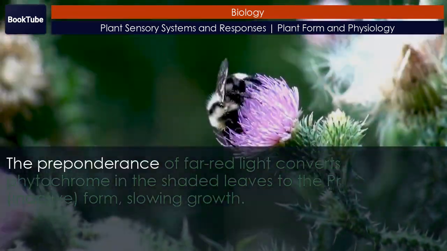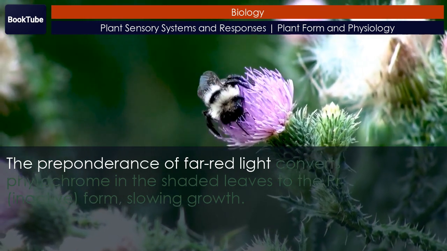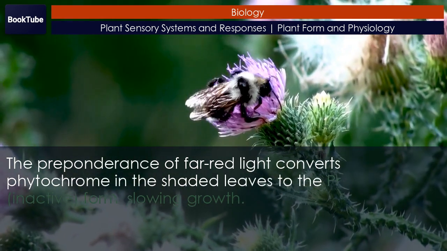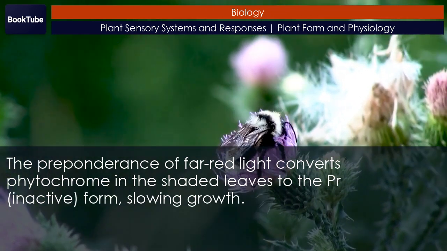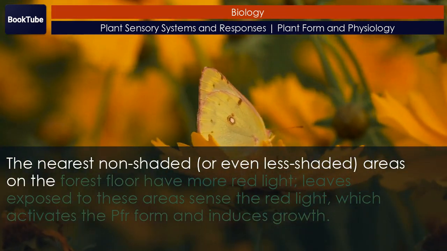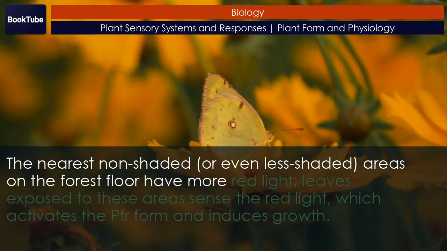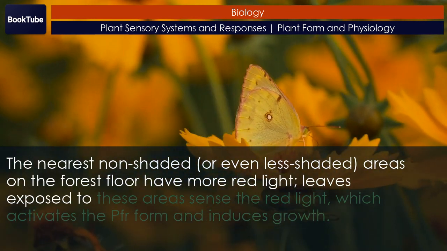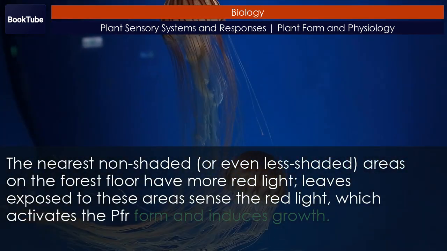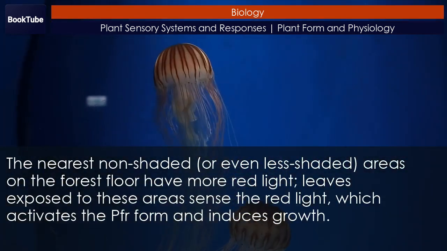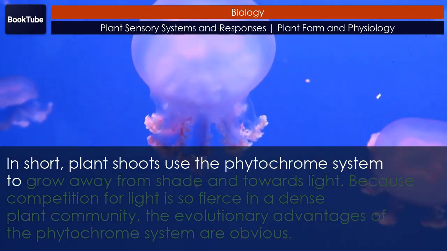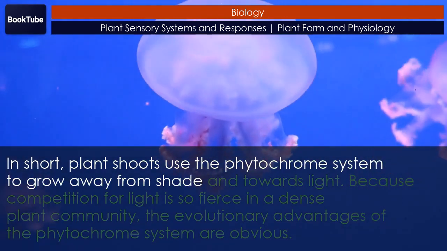The preponderance of far red light converts phytochrome in the shaded leaves to the Pr inactive form, slowing growth. The nearest non-shaded, or even less shaded, areas on the forest floor have more red light. Leaves exposed to these areas sense the red light, which activates the Pfr form and induces growth. In short, plant shoots use the phytochrome system to grow away from shade and towards light.